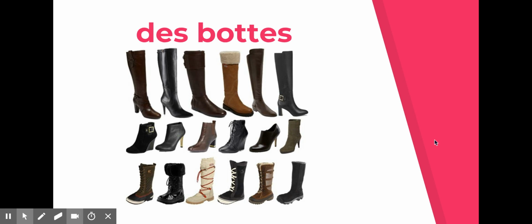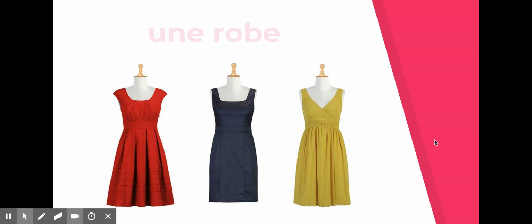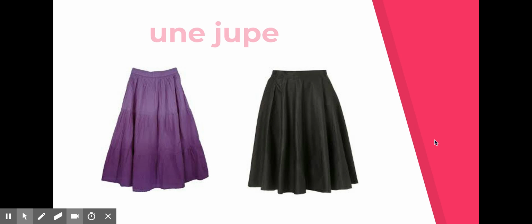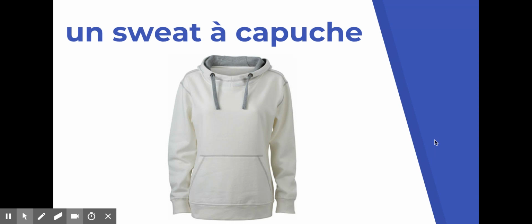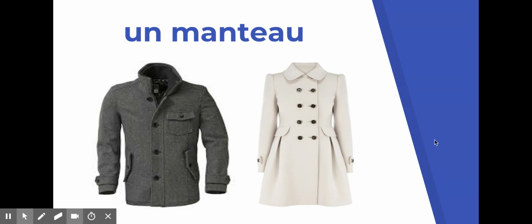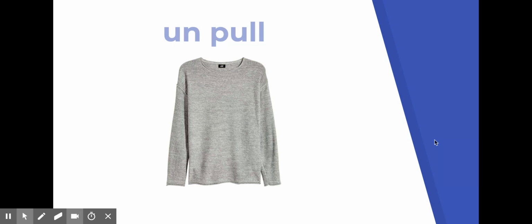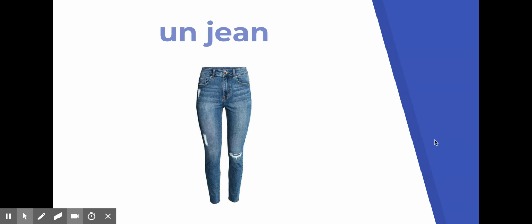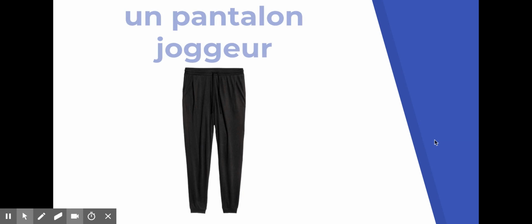Les bottes. Une robe. Une jupe. Un sweat à capuche. Un manteau. Un pull. Un jean. Un pantalon.